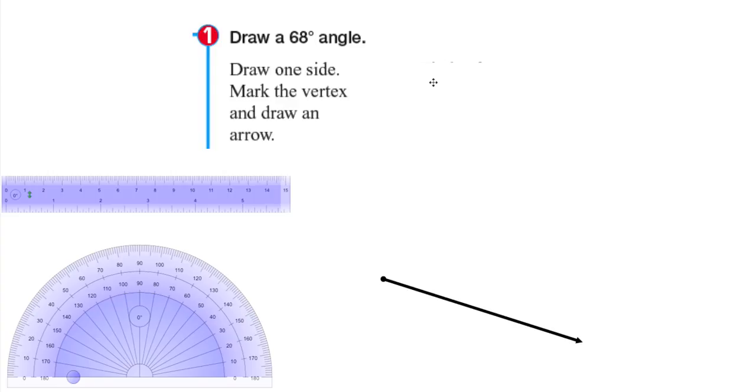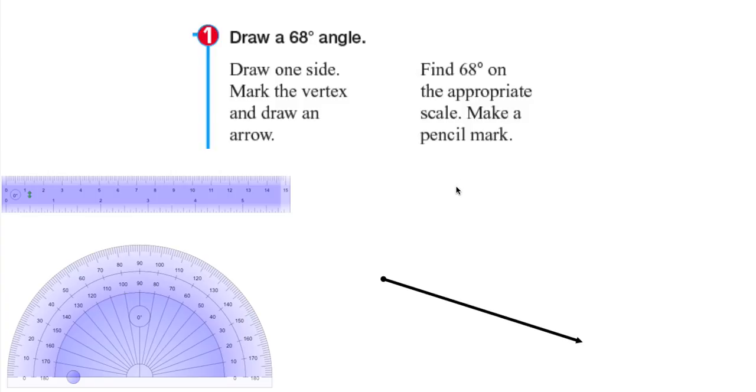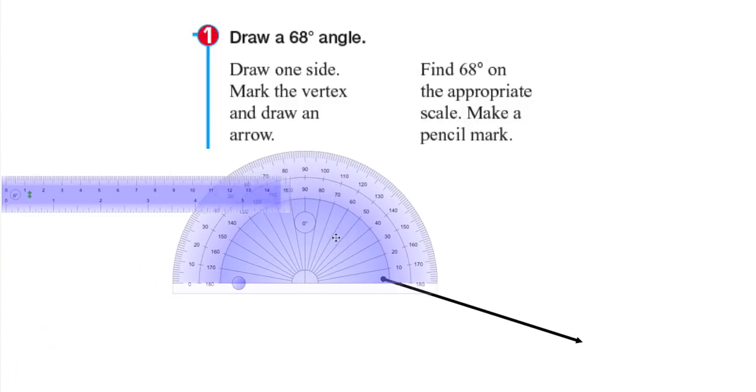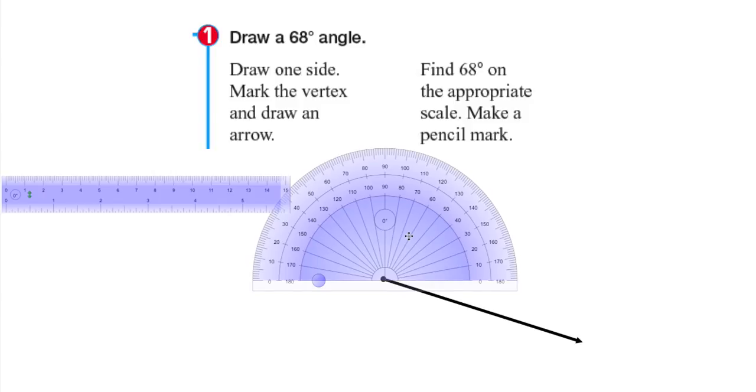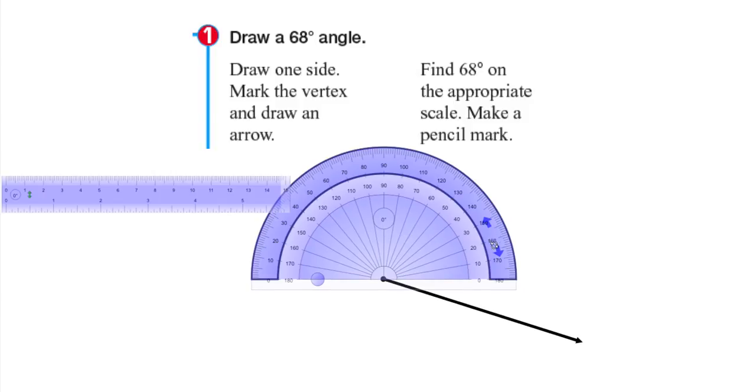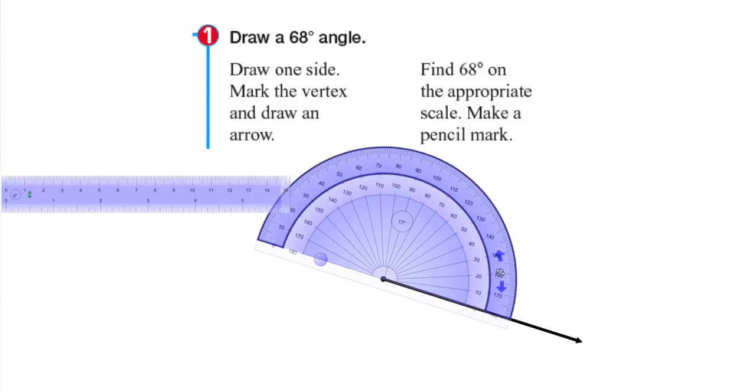Step number 2, after doing that, find 68 degrees in the appropriate scale. Make a pencil mark. So we get our protractor, put it on the vertex, and make sure the center of the protractor is on the vertex, and we choose the appropriate scale.